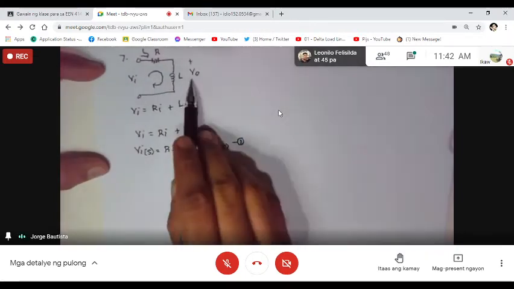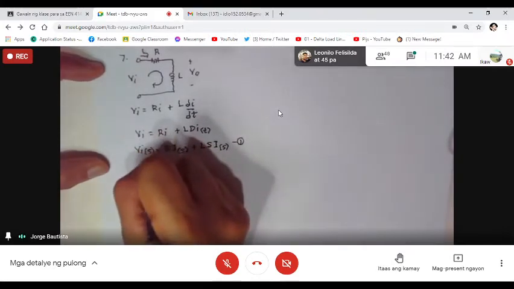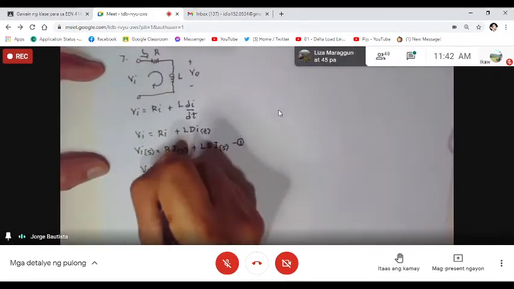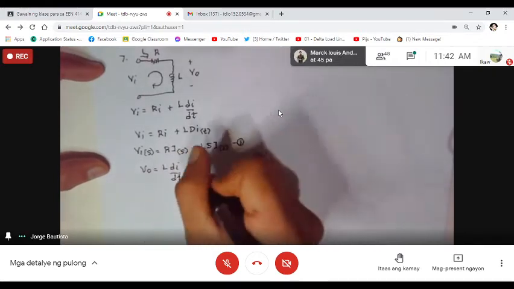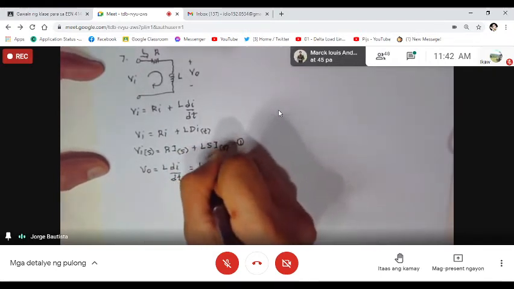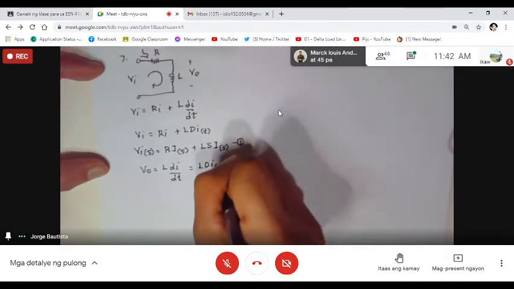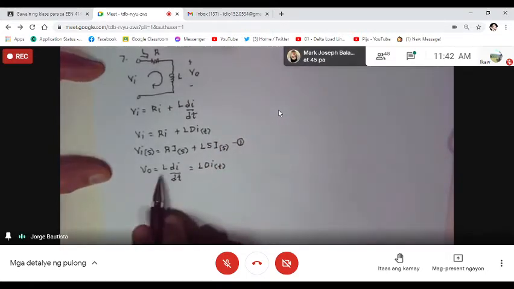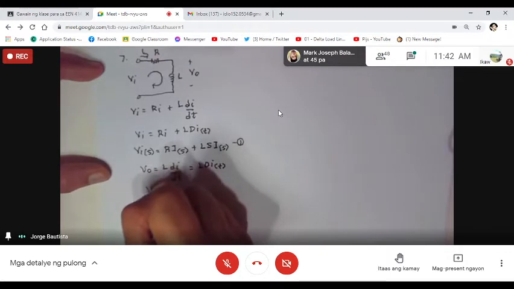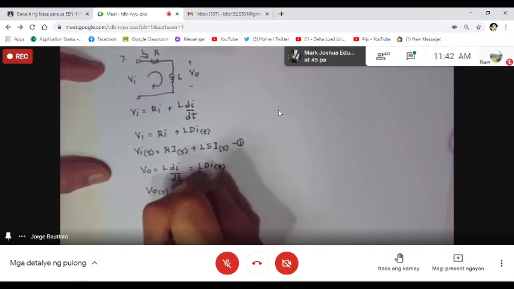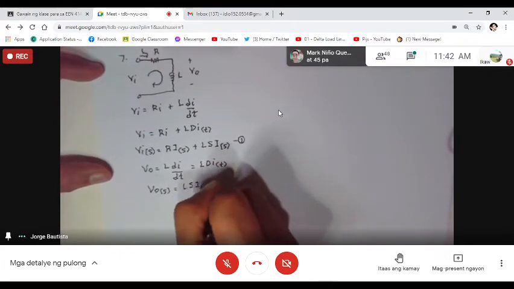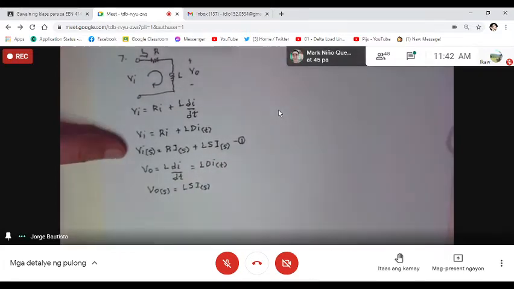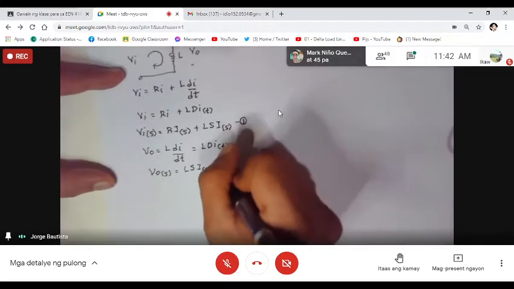Next, ang output naman natin, V sub O is equal to L dI over dt. And that is equal to L dI sub t. Kunin mo yung Laplace, V sub O S, that is equal to L S I sub S. Okay? Equation number 2.